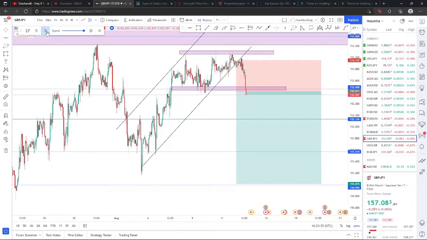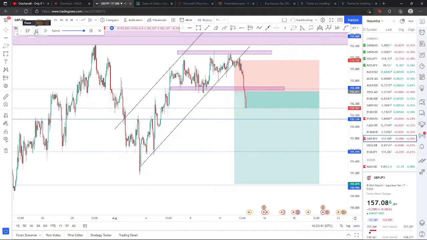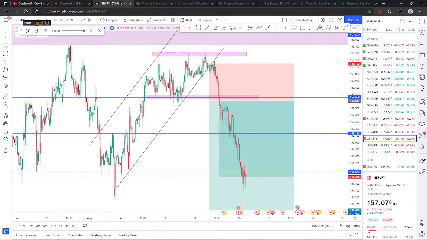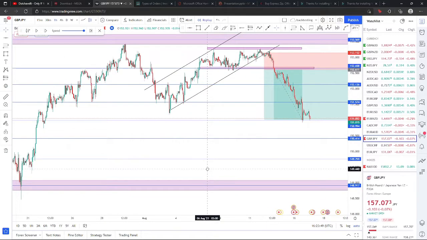So let's play the price, and as you can see, we were just triggered in. So I'll hold this trade and let's see if we'll hit the target. Okay, so as you can see, it just hit our target, and that is how you'd want to execute a sell stop order, guys. So now let's go back to the PowerPoint.